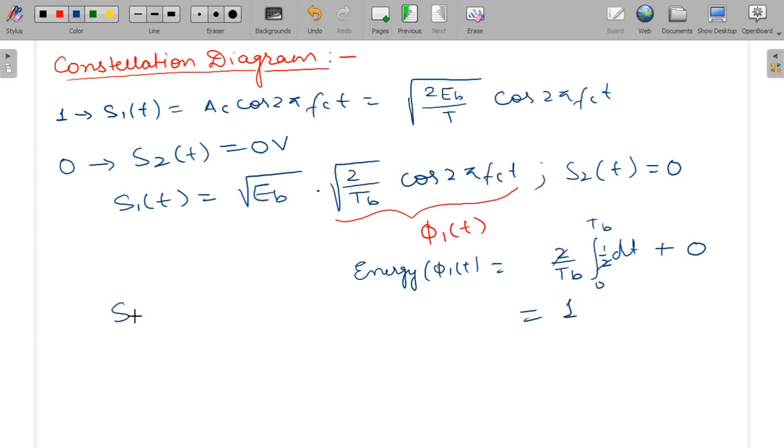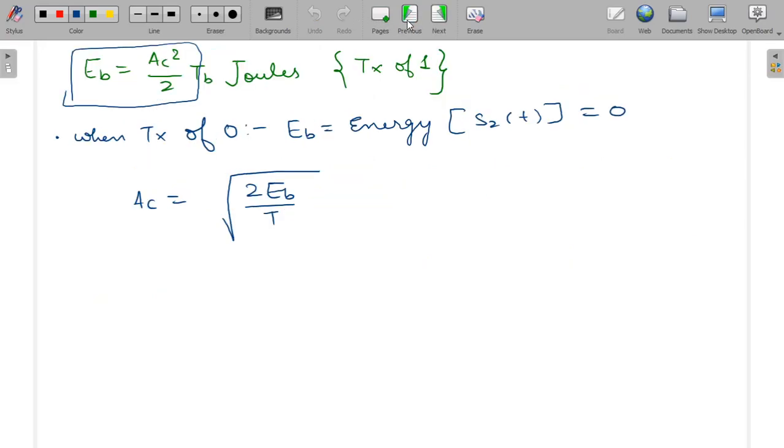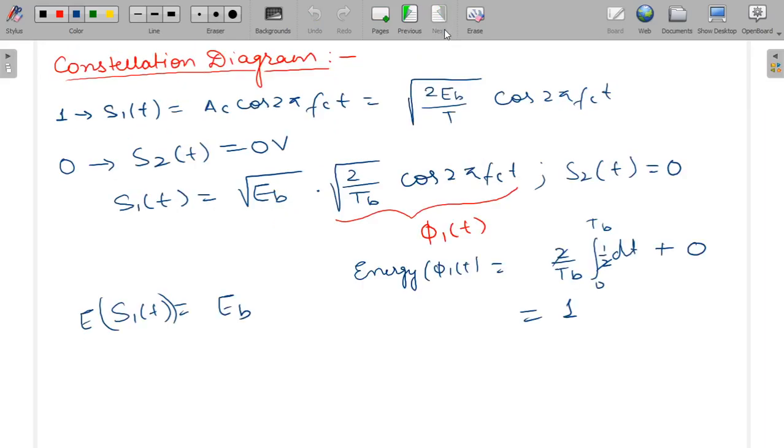So the energy of S1(t) is equal to Eb, and we have already found that only Eb is the energy of S1(t).